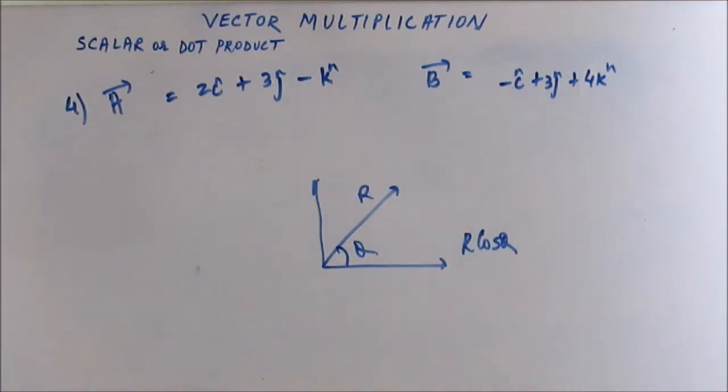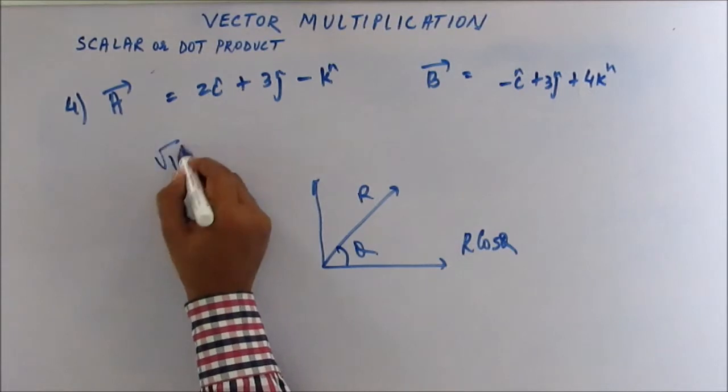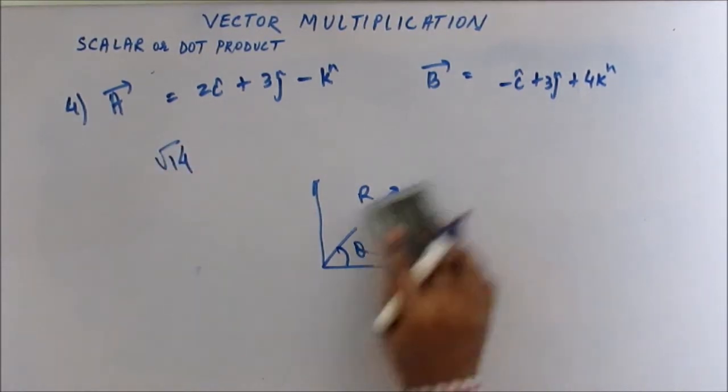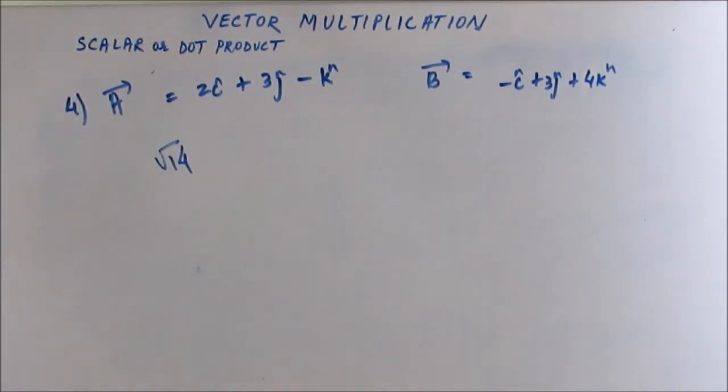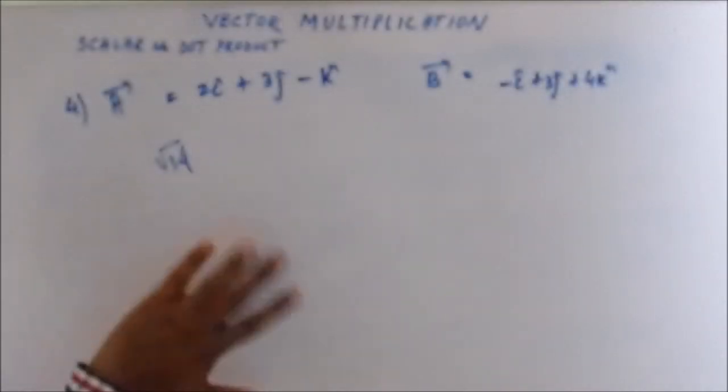Now the magnitude of A here will come out as √14. Now you want a component along B vector, there's no problem. All you have to find is the angle between A vector and B vector. If suppose that angle is theta, then the component is √14 cos theta, that's it.